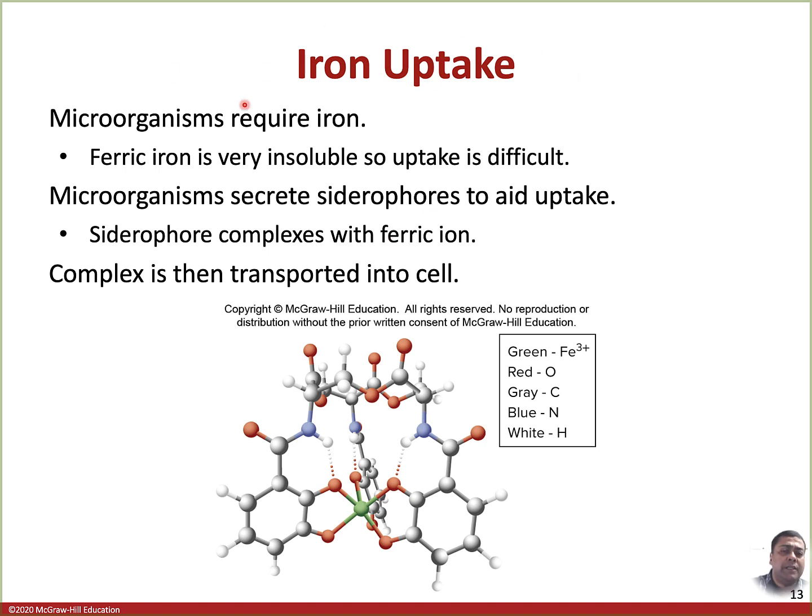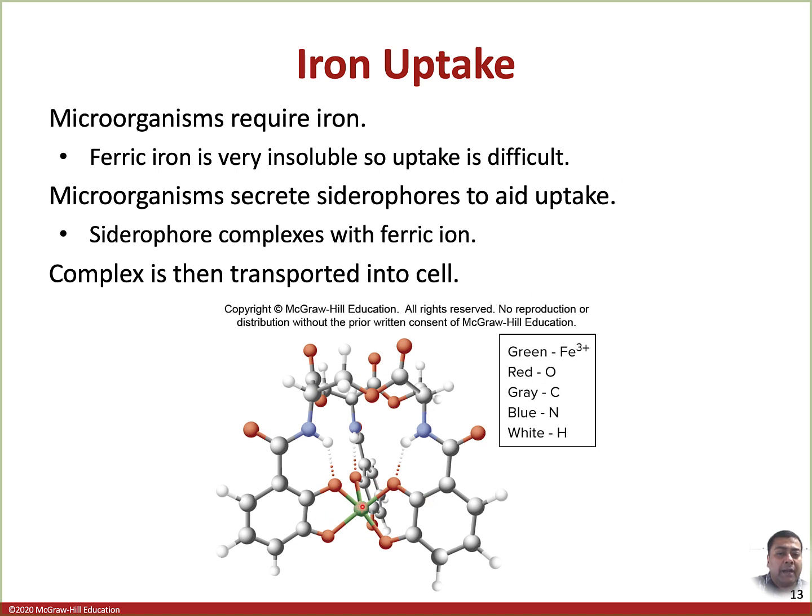Before going into the detail of that, there is just one thing I want to mention about the plasma membrane, which we are not covering: microorganisms require iron. The ferric iron is extremely insoluble and difficult to obtain. So what microorganisms do is secrete an organic molecule known as a siderophore. This siderophore complexes with the iron.